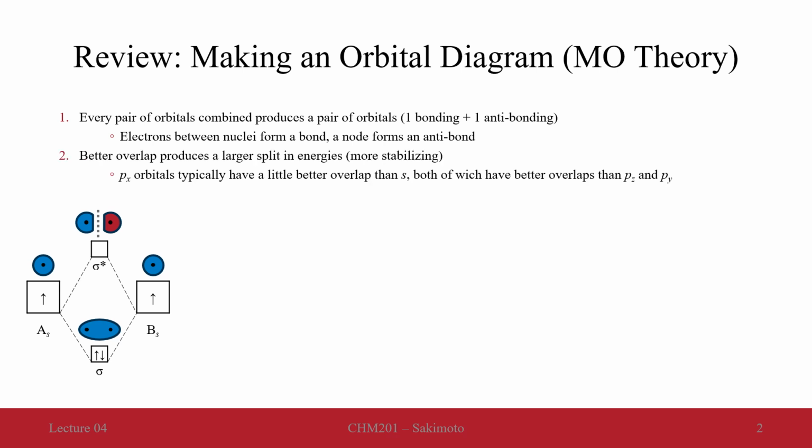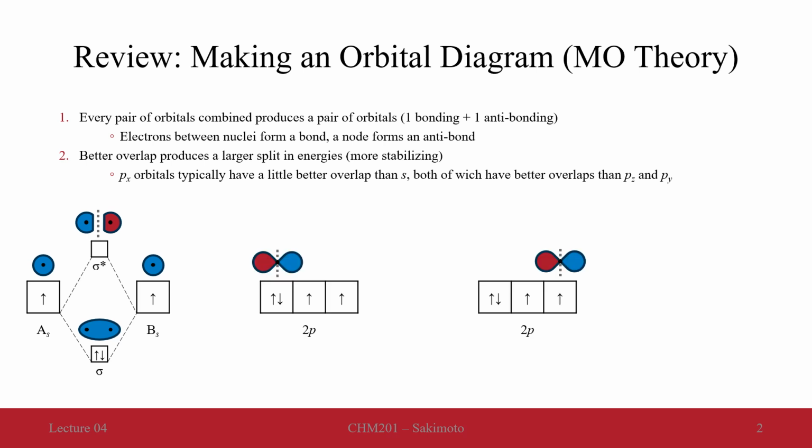The other way that we can piece together these orbital diagrams is that they're related to how much these orbitals actually overlap with each other. If you push two spheres together, they overlap a little bit on their periphery. But we have different orbital shapes that have different extents to which their shapes overlap.